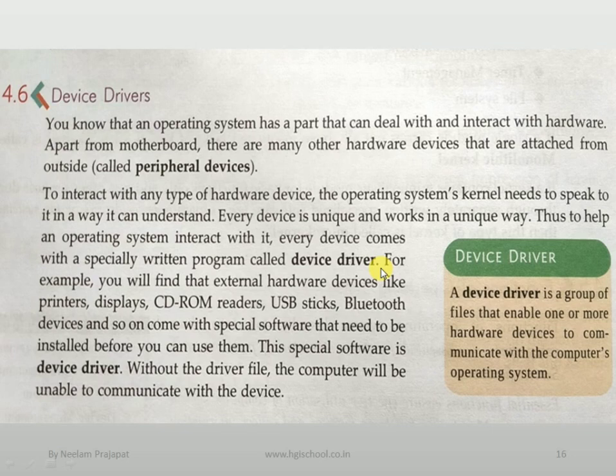Nowadays many devices are built in, but earlier, if you purchased a printer, a CD came along with it. In that CD there are device drivers. If we install that CD, the device drivers will be installed in the PC, and then we will be able to connect the printer with the computer.